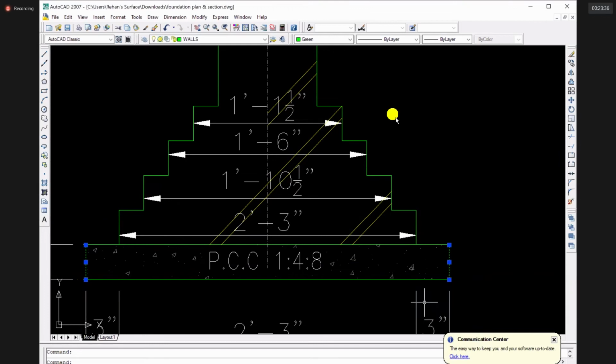Width of the PCC layer or lean concrete is basically the width of excavation, right?